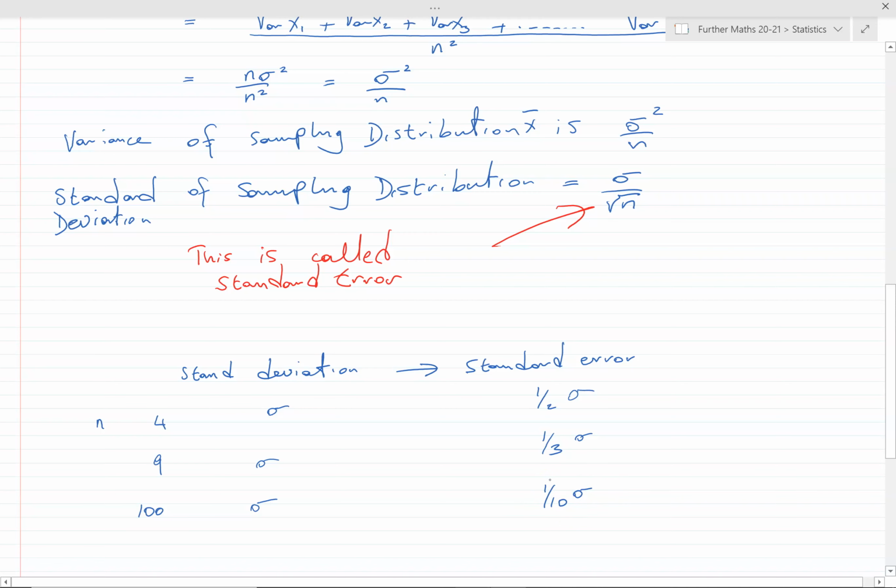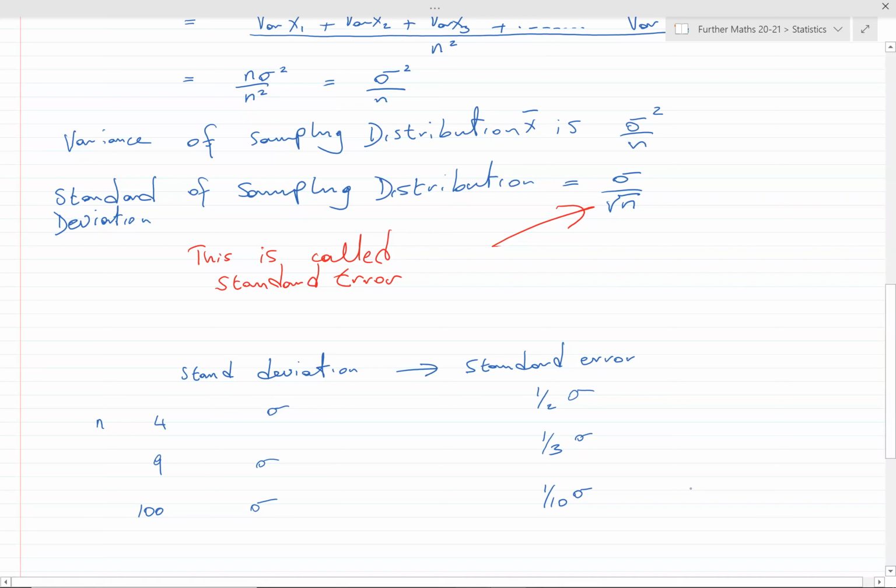So if we're trying to make inferences about the mean, it's desirable to make the standard error as small as possible. But because the relationship involves the square root, we have to do a sample size 4 times as big in order to reduce the standard error by a half.